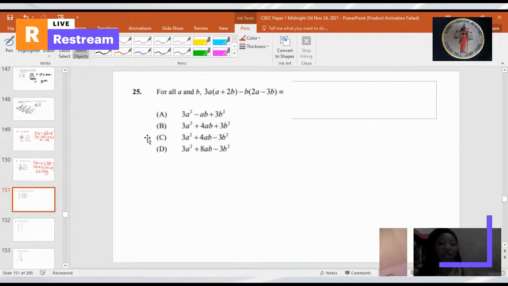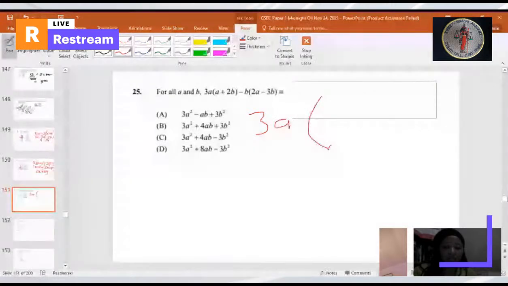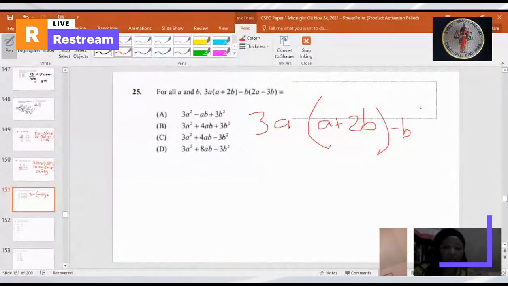All right. So for A and B, 3a bracket a plus 2b minus b bracket a minus 3b.